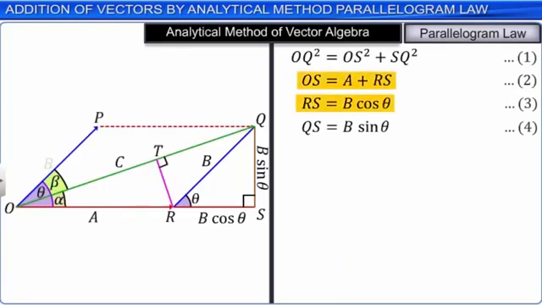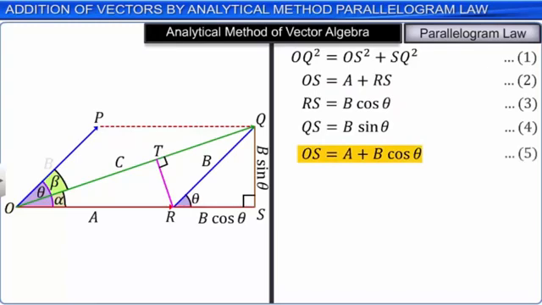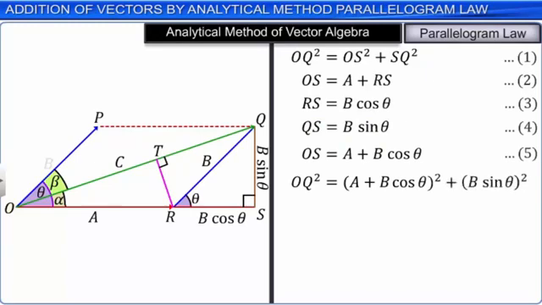We get OQ square is equal to A plus B cos theta the whole square plus B sin theta the whole square, which is equal to A square plus B cos theta the whole square plus 2AB cos theta plus B sin theta the whole square, which is equal to A square plus B square sin square theta plus cos square theta plus 2AB cos theta.